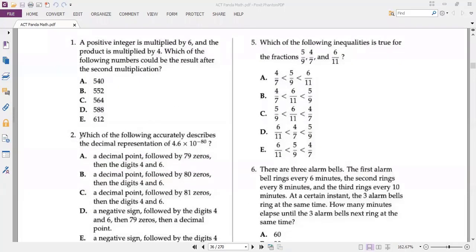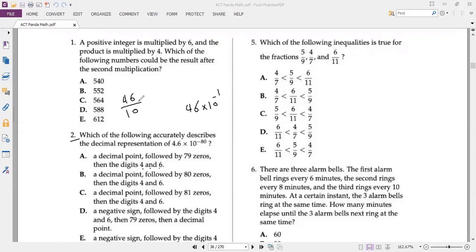Question number 2: which of the following accurately describes the decimal representation of 4.6 times 10 to the power negative 81? Here we just need the digits 4 6. Every time he asks about the digits 4 6, according to the decimal point, 10 power negative 1 already applies, because it looks like this.